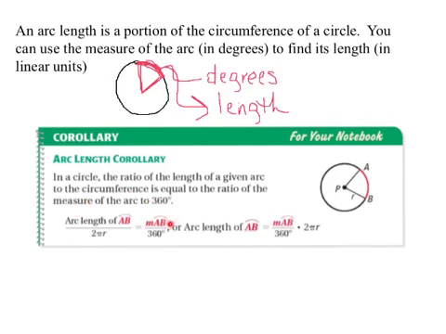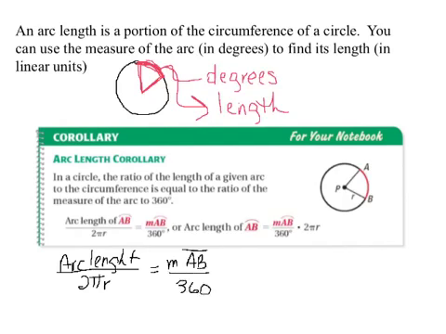So if you take this and solve for arc length, you would multiply both sides by 2 pi r. Let's just write that out. I have arc length over 2 pi r equals the degrees of the arc over 360.